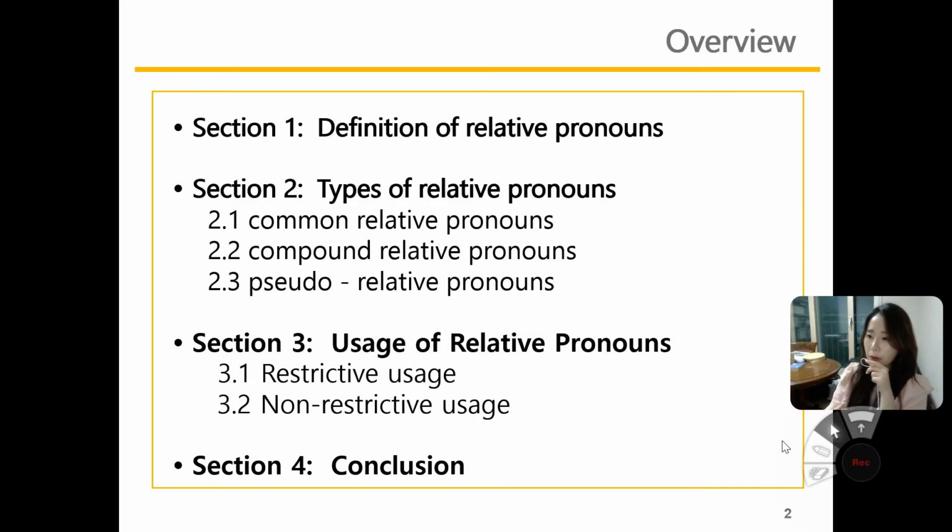One of the grammar items that Korean English learners have the most difficulty with is relative pronouns. The reason why learners feel they are the most difficult and have a hard time learning them has to do with the difference in word order between Korean and English. To be more specific, the relative clauses in each language share a similar usage.